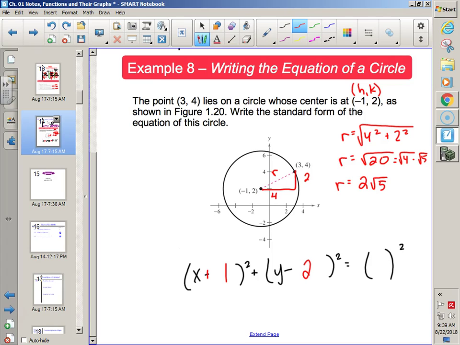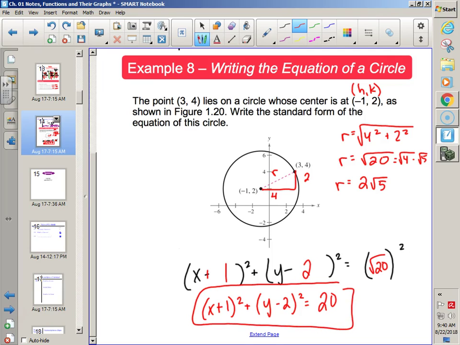Ugh, but I have to square it? What would be easier to plug in than 2 root 5 if I'm squaring? Yeah, maybe not simplified. Since it's not my final answer, I'm using it. Rad 20 looks so much easier. You should have been able to do the same thing with 2 rad 5, square the 2, square the rad 5. But you do end up with the final equation of x plus 1 squared plus y minus 2 squared equals 20.